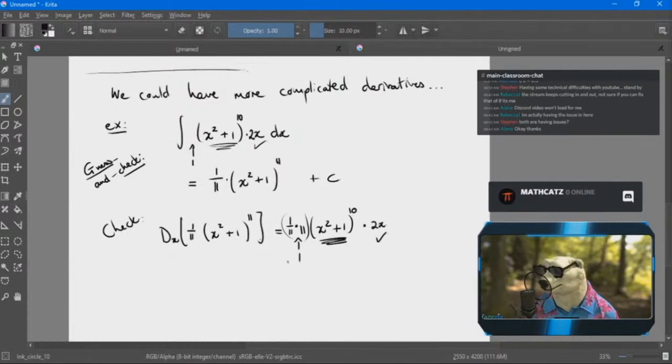And that's all I want to do today. Just getting used to reversing the chain rule and why there are two things in my target. Because the chain rule creates two parts. So when I come up with a function of a function as my antiderivative answer, the derivative target that I'm aiming for should have two parts.